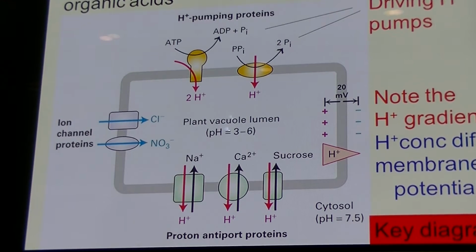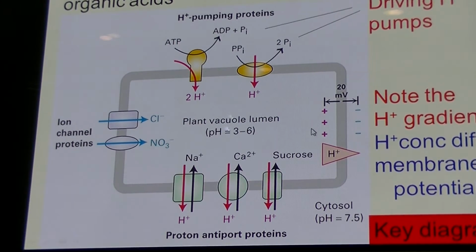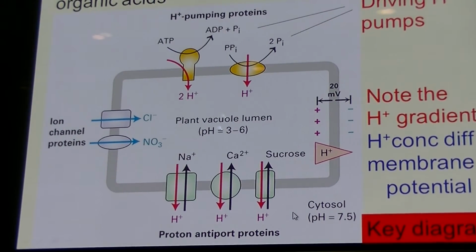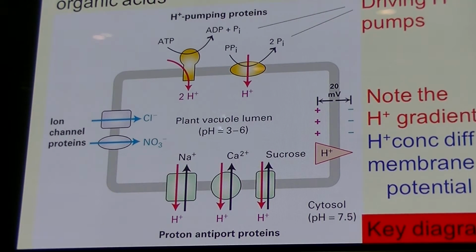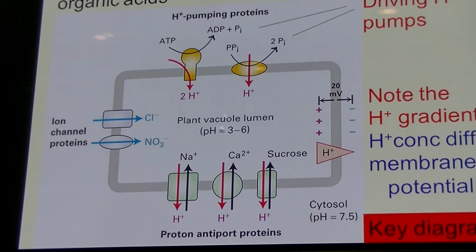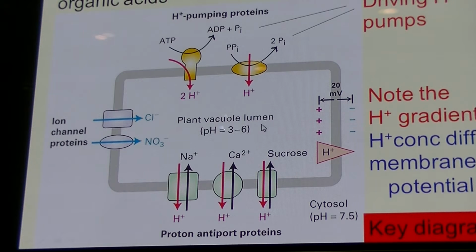This transporter accumulates, so we have a high concentration of sucrose inside, a low concentration in the cytosol. So sucrose moves against concentration. That's not favored by itself, but the transport becomes possible because the protons are very favored because of their own concentration and because of the membrane potential.